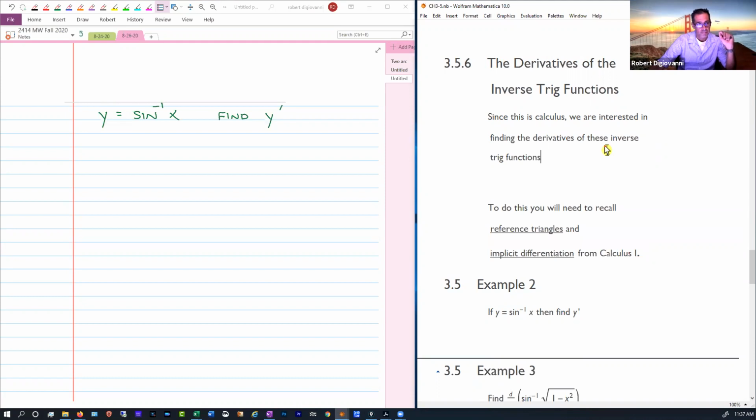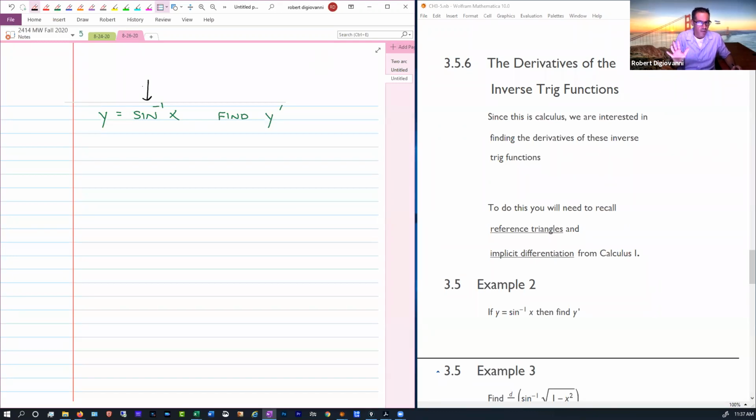Y'all ready? Okay, the first thing I'm going to do is I'm going to realize I can't take the derivative of this function because I don't know the derivative of it, right? But here's what I do know. I know that if I were to compose the right side with sine, the sine function, if I were to do composition, I could use the cancellation property to get rid of the arc sine.